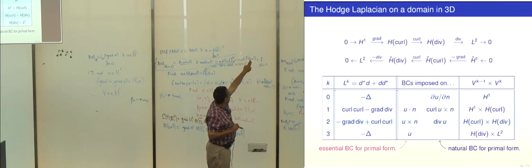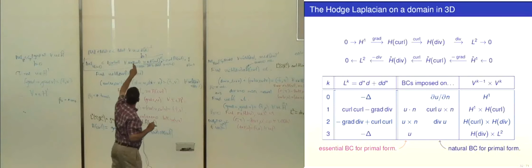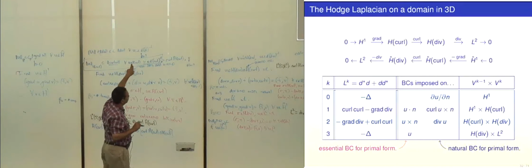The curl of a vector field with 0 boundary conditions, with 0 tangential components, and I also require U in H curl.